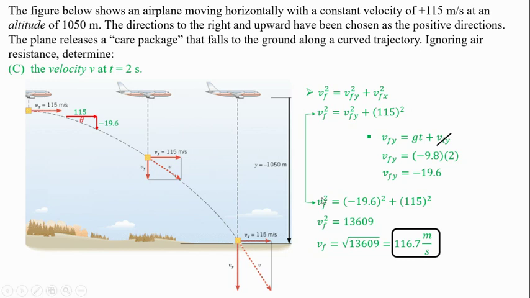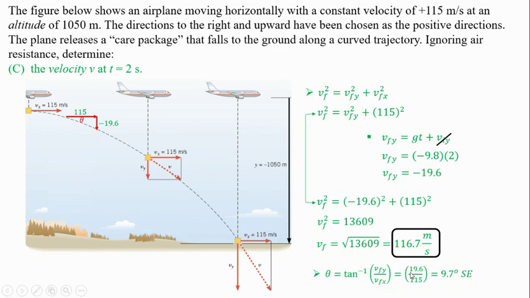So to find the angle, we just found that this particular vertical component is negative 19.6, and we'll just use the same strategy as the previous part. To find an angle, I like to use tangent. Theta is inverse tan of Vfy over Vfx. We found Vfy already is 19.6. Vfx is given to us in the problem.